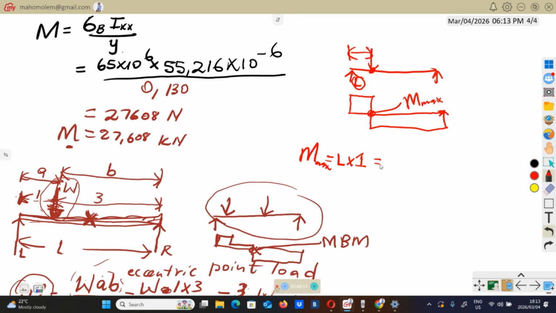So the maximum bending moment here will be this reaction L multiplied by 1. Or you can consider this side. When you take moments here considering this side, you will have this reaction R multiplied by 3.